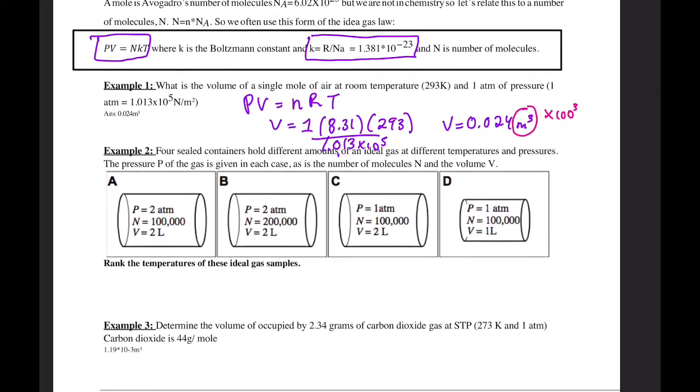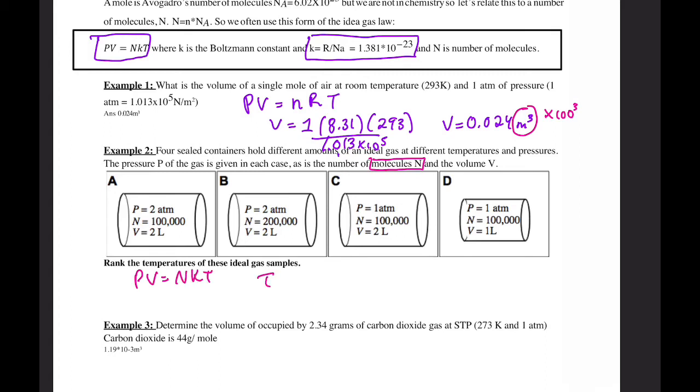All right, let's go ahead and look at example 2. We have 4 sealed containers holding different amounts of an ideal gas at different temperatures and pressures. The pressure in each is given, the number of molecules, N, and the volume. So watch out here. This is more an NkT situation. We'll rank the temperatures. Go ahead and give it a try. So use PV equals NkT.